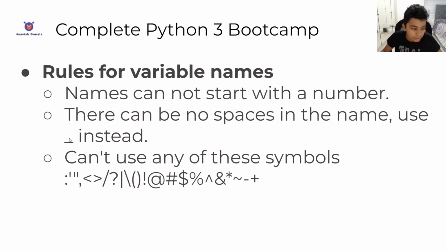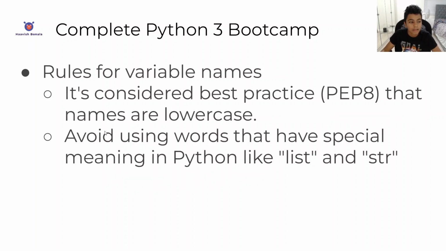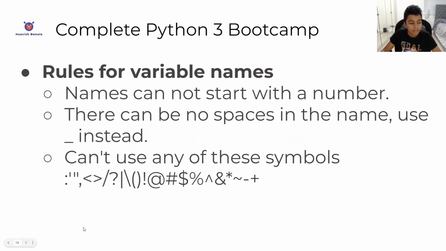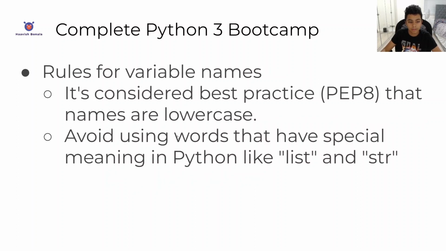Instead we tend to use underscores. You can't use any special symbols in a variable name, even in between or at the end or at the beginning. And just remember and stick to these rules because they will make sure that you won't get any silly errors when you execute your code.